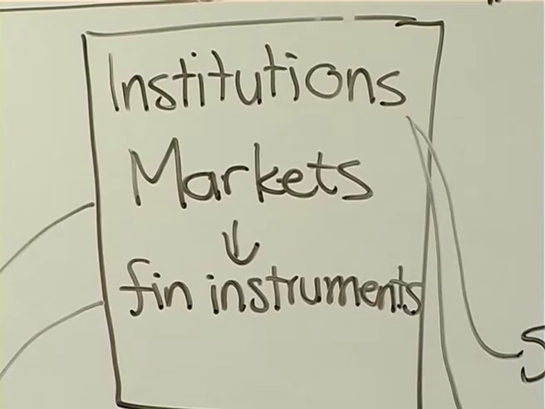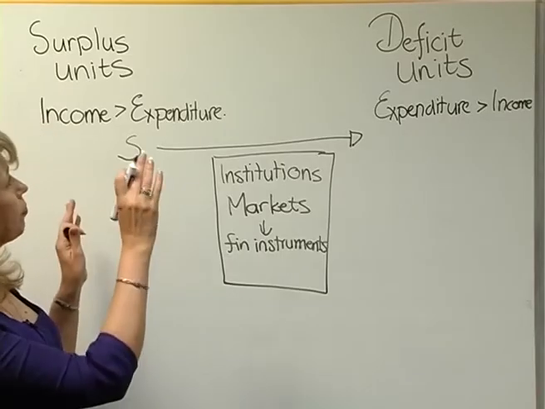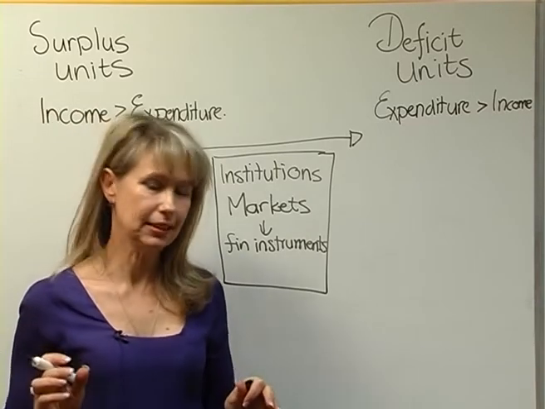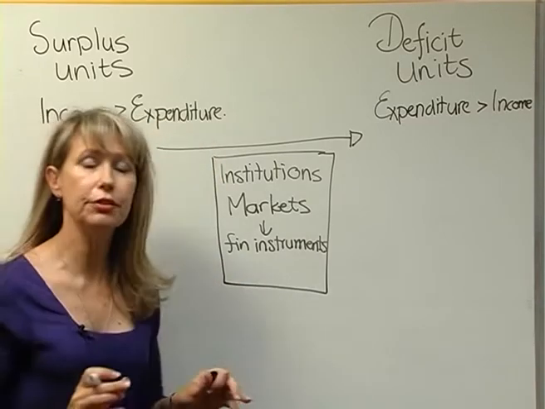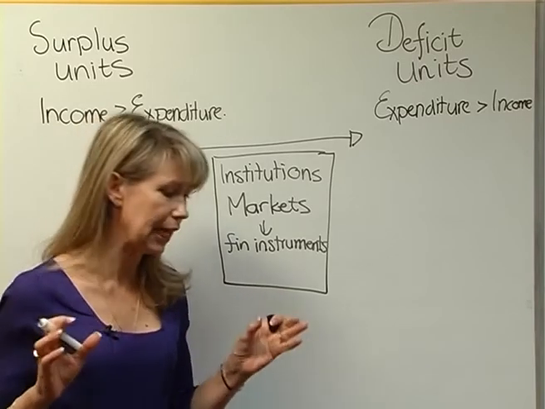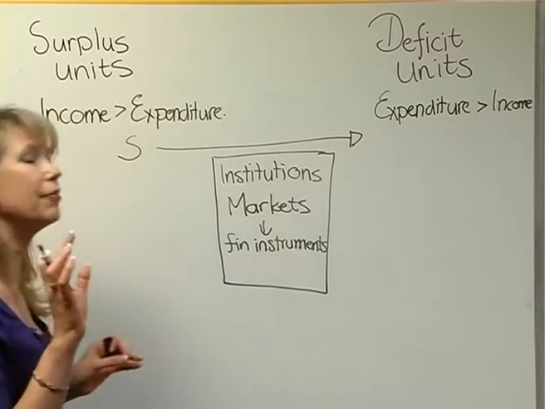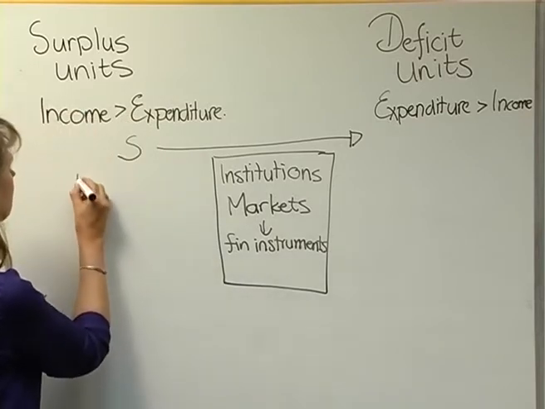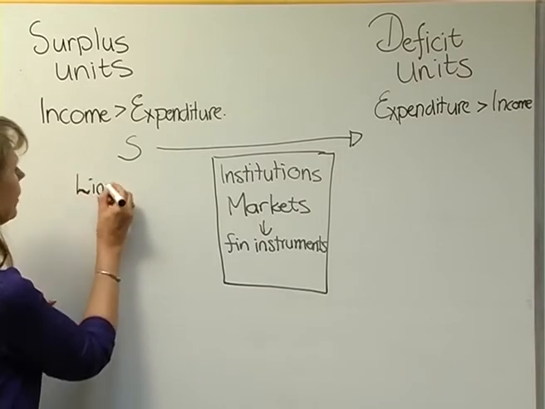So the problem with deficit and surplus units is that they have different needs. A surplus unit, if you have extra savings, if you have funds that you've saved, you want to know that you have access to those funds. We say that you want your funds to be liquid.